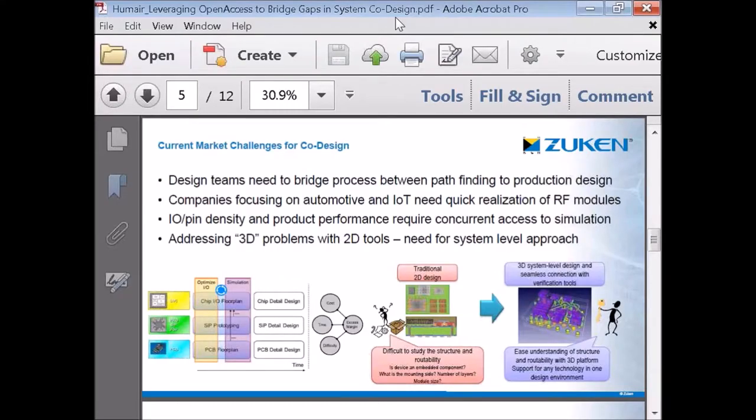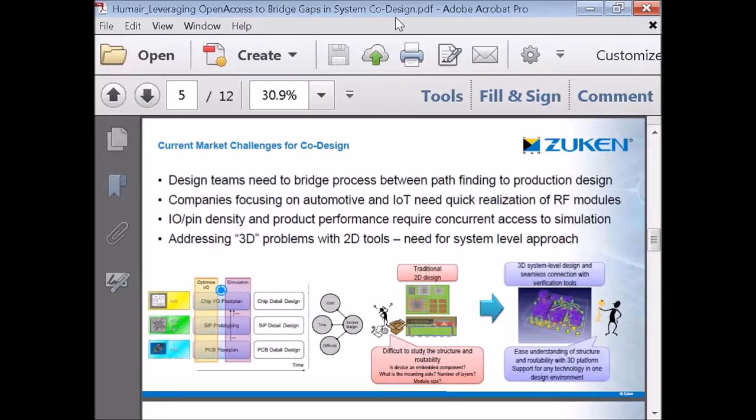And the other issue that we're seeing is that during the design process itself, when we're talking about going from pathfinding or feasibility studies to production design, there's just a lot of gaps in that process to begin with. Also, we're seeing a rise in a lot of complex RF module designs, specifically for the IoT and automotive market.